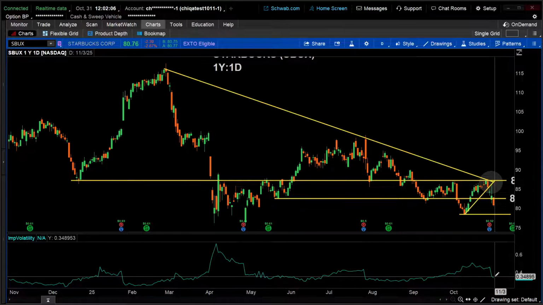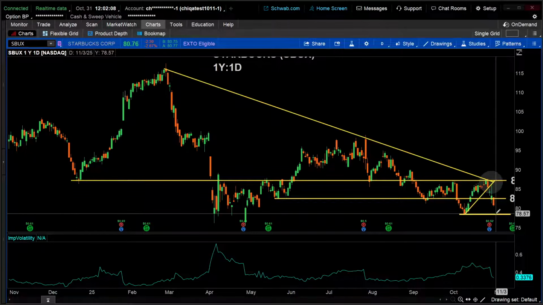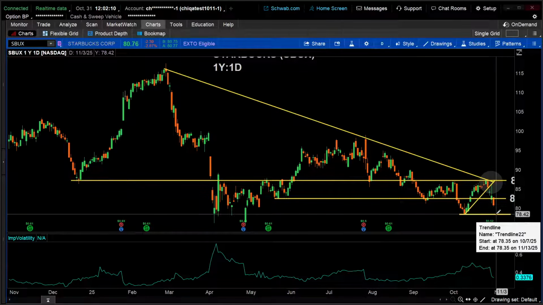So what we're going to look at is the continuation of that price moving down into this previous area of support, maybe around the $78 mark. And now that's by no means a guarantee that the price is going to make that move to the downside. But with that short-term trend, this could be a fairly quick move to the downside into that support level.